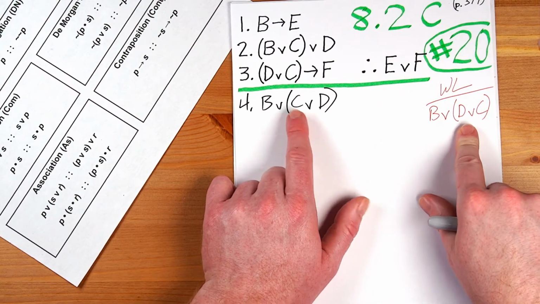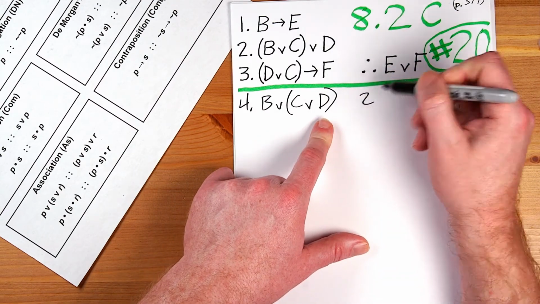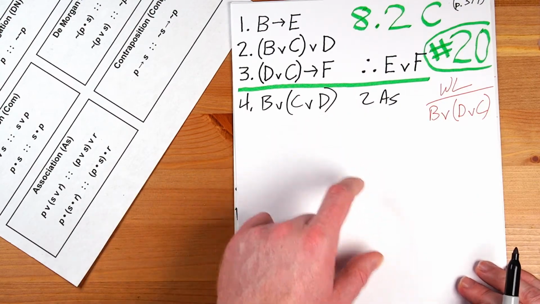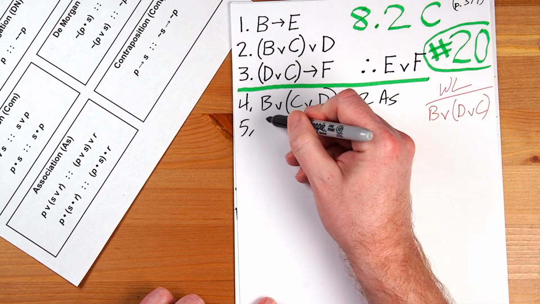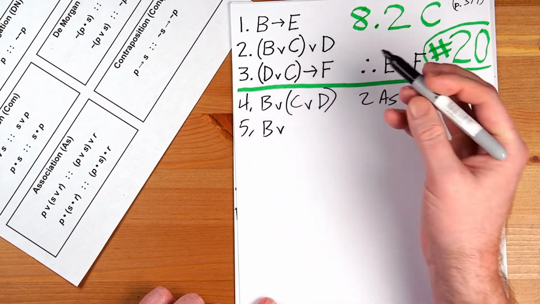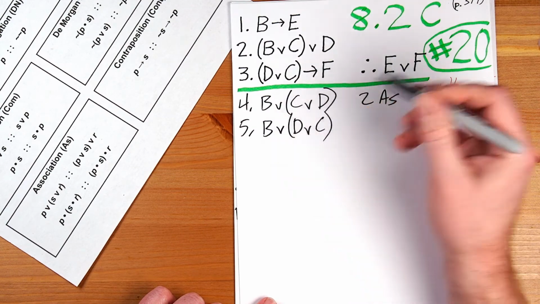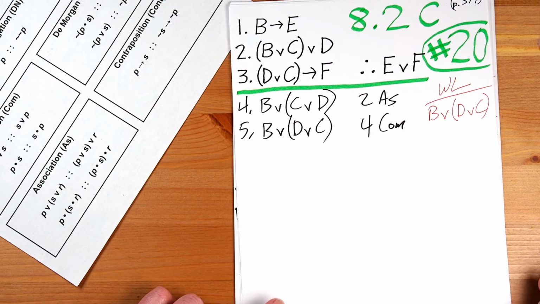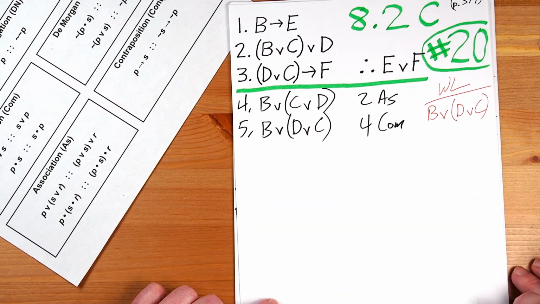Now all we got to do is switch the C and D. And we got to make sure to remember to annotate. So that's association. And when we flip the C and D, that's going to be D or C from commutation. The D commutes over and the C commutes over.